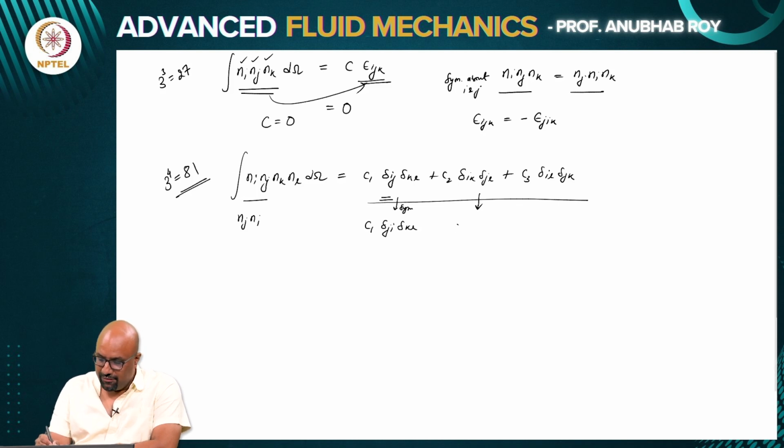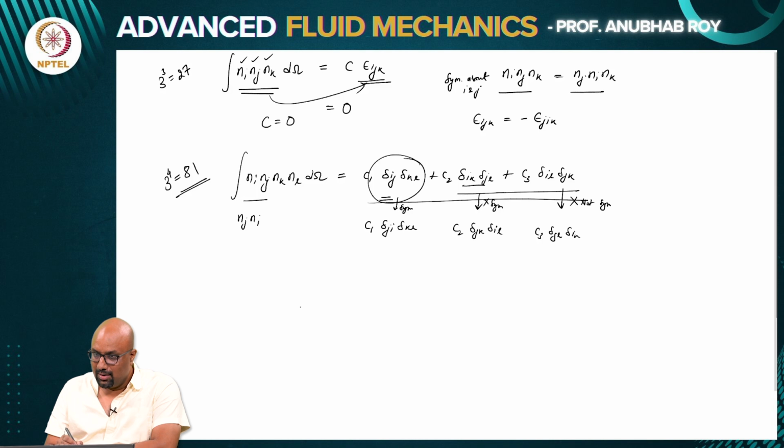For the next term, if I switch i and j, I get delta jk delta il, which is not the same as what was originally. So, this is not symmetric. And the last one is delta jl delta ik, and this also is not the same as what we started from. So, that is also not symmetric. So, we have on the right hand side one term being symmetric about i and j, and the other two are not symmetric. But there is a solution.